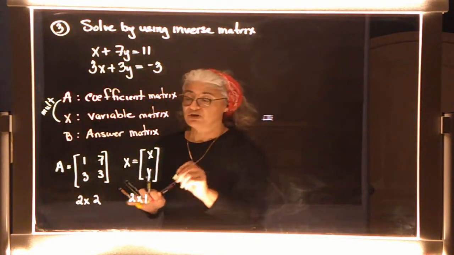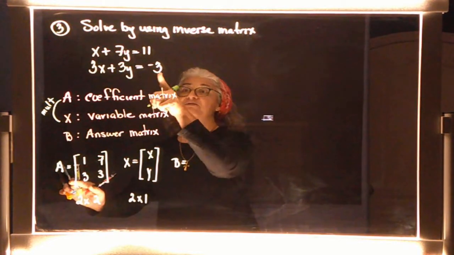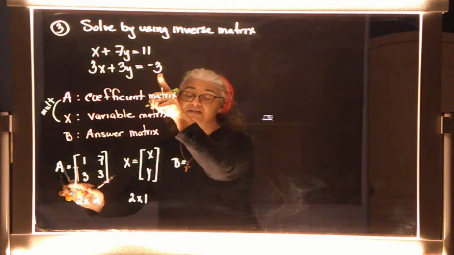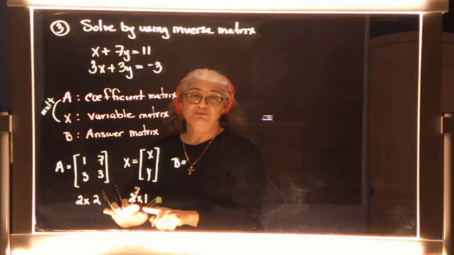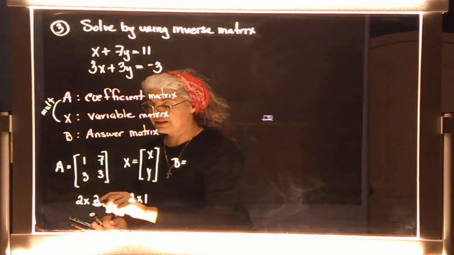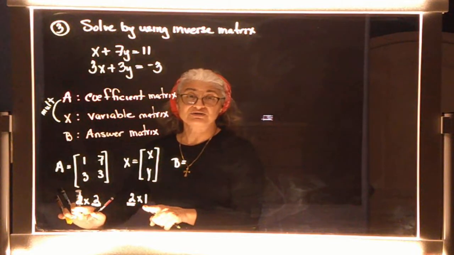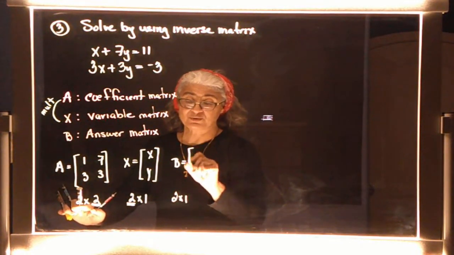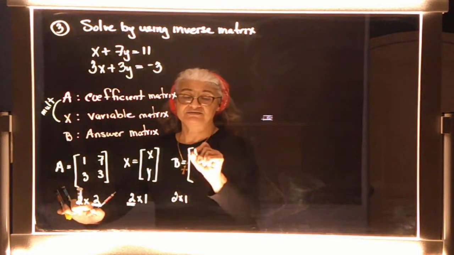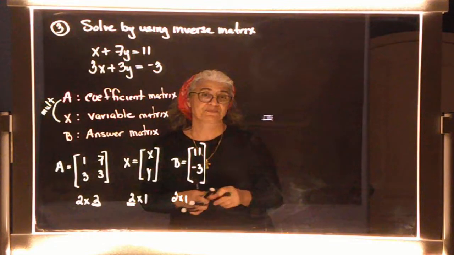Now remember, when you multiply these two matrices together, it's supposed to give me the answer. So if you take a 2 by 2 and multiply by a 2 by 1, gratefully these guys here are exactly the same, which means my result is a 2 by 1, which is exactly what it should be, 11 and negative 3. Okay? Yeah, I know.